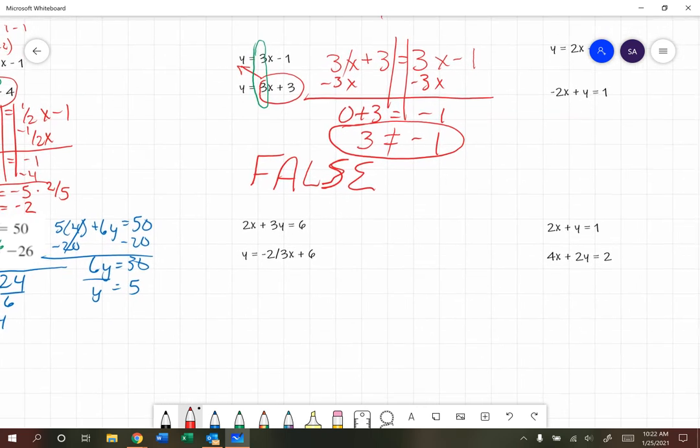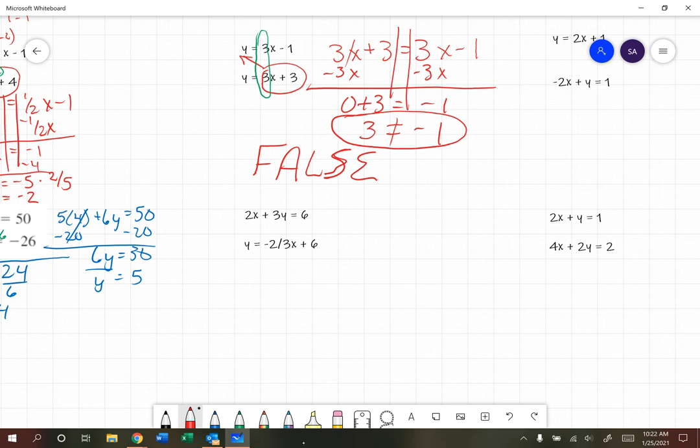That is true if you do it by elimination as well. So first thing, if I want to do this by elimination, I have to put this into standard form. So I have 2/3 x plus y equals 6.